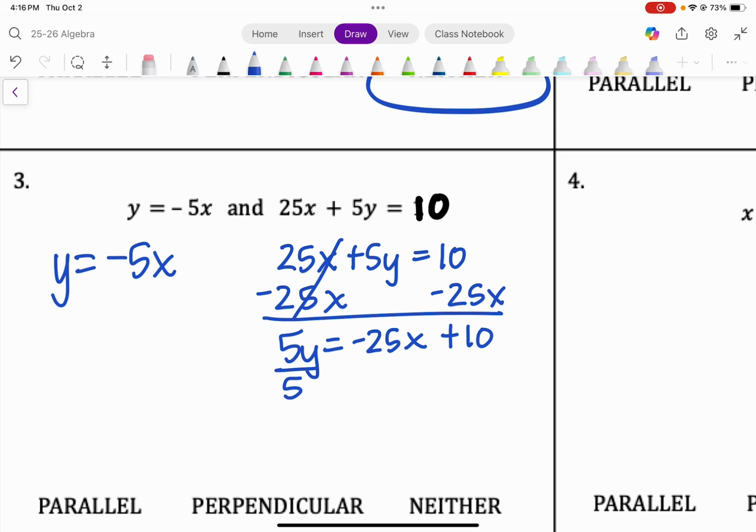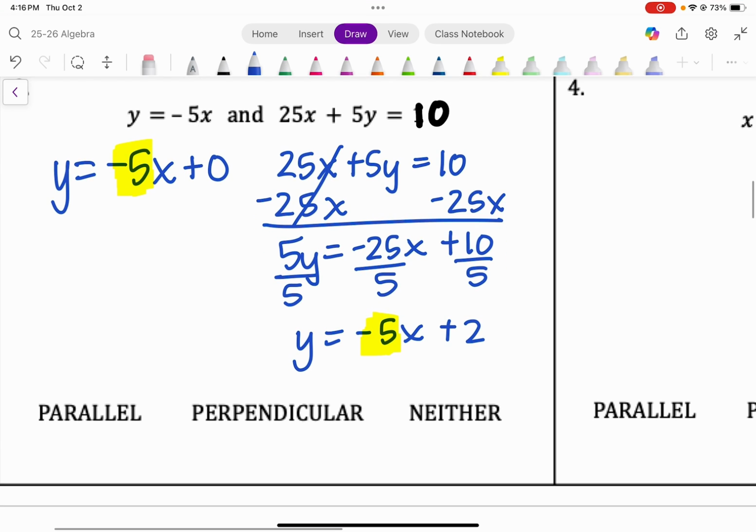And when I divide both sides by 5, we're going to get y equals -5x plus 2. So I've got a -5x here and a -5x here. I guess we could put that +0 back and just point out that the slopes are the same, but the y-intercepts are different. That would make parallel lines.